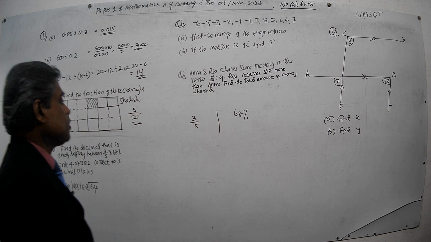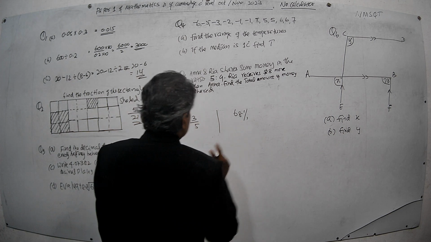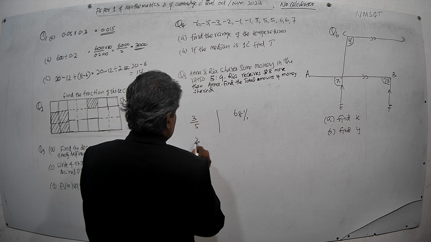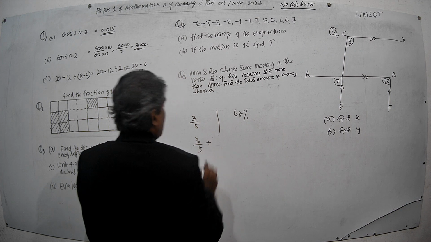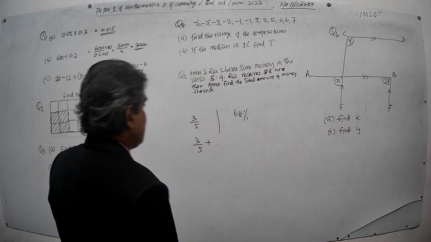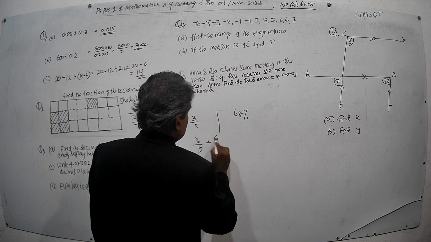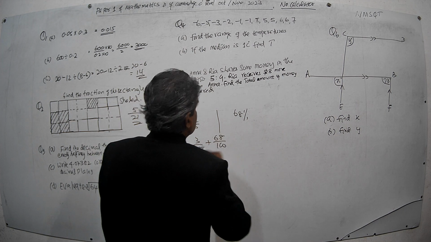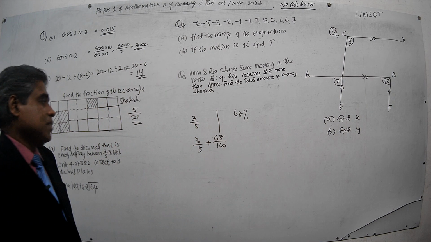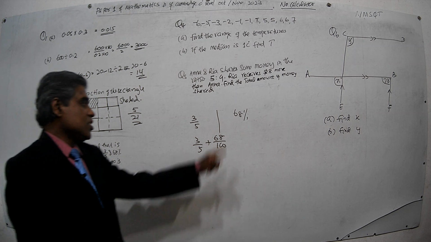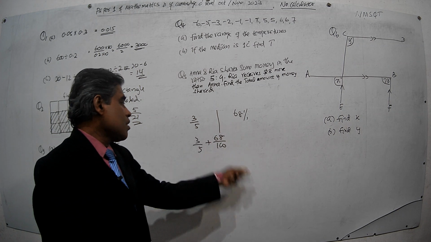What do you do? Now here there's a percentage. You convert that also into a fraction. When this is converted into a fraction, it is 68/100. You know that. That is how you convert a percentage into a fraction: you put this number as it is and divide by 100.